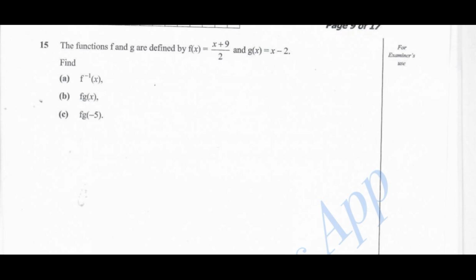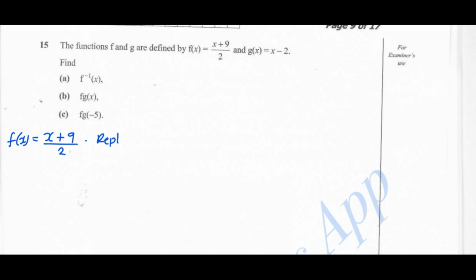Then question 15, the functions f and g are defined by f of x is equal to (x plus 9) over 2 and g of x is equal to x minus 2. Find f inverse. So what is our first step here?